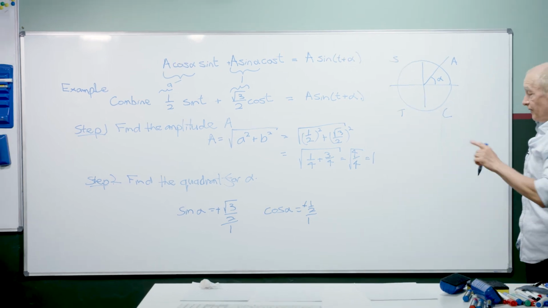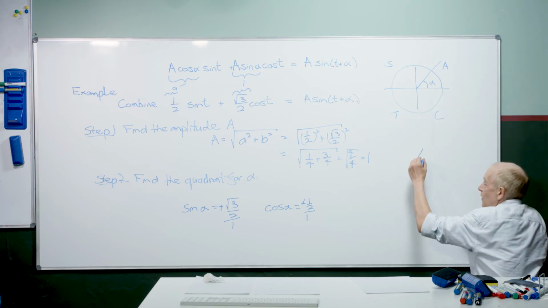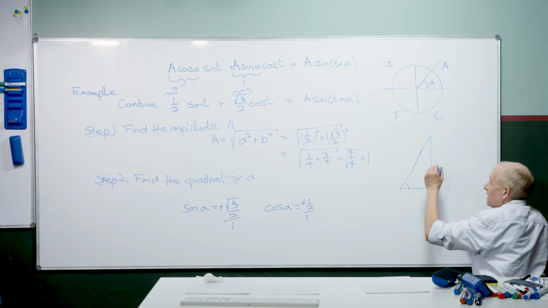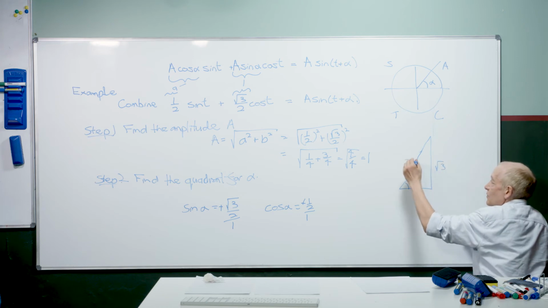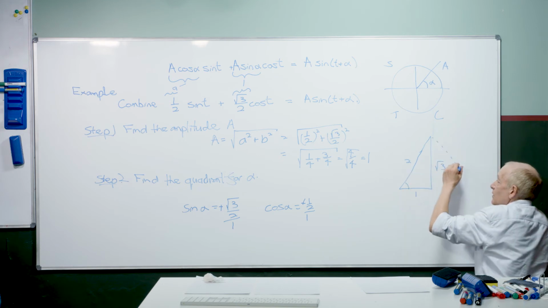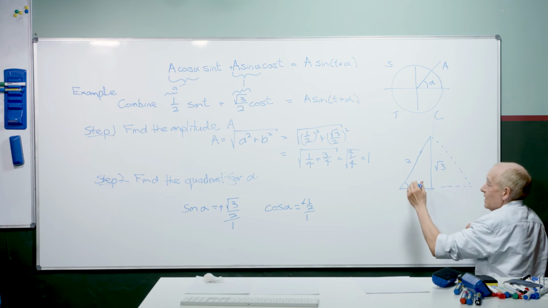So to find alpha from here, we know that we're in the first quadrant. We also know that cos of alpha is root 3 on 2. Sine of alpha is 1 divided by 2. By using half of an equilateral triangle and Pythagoras theorem, we know that this must be 60 degrees or pi on 3.